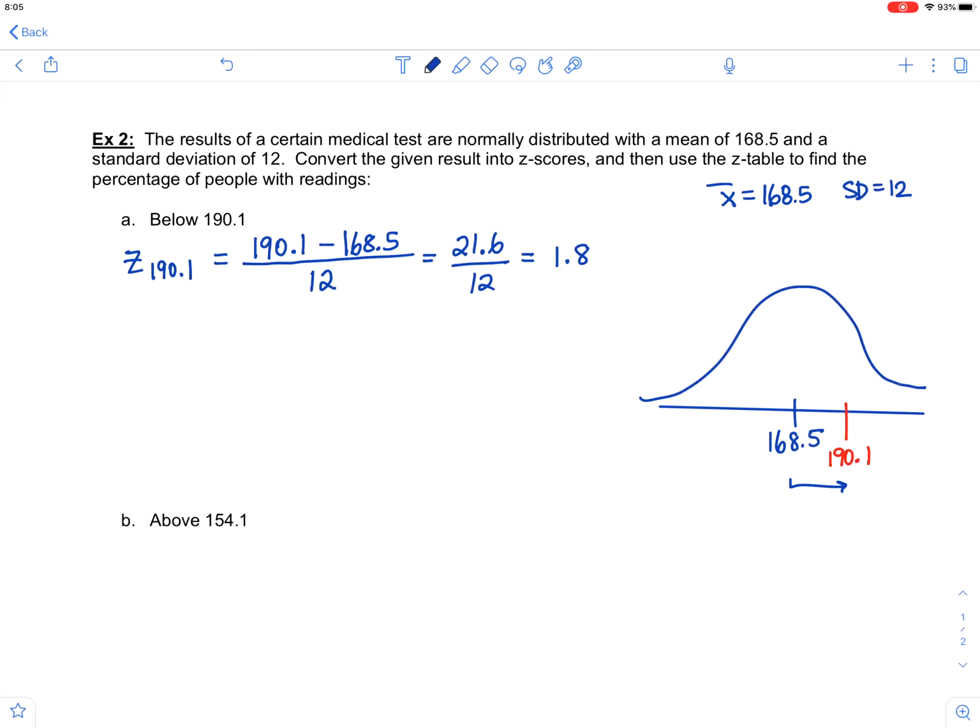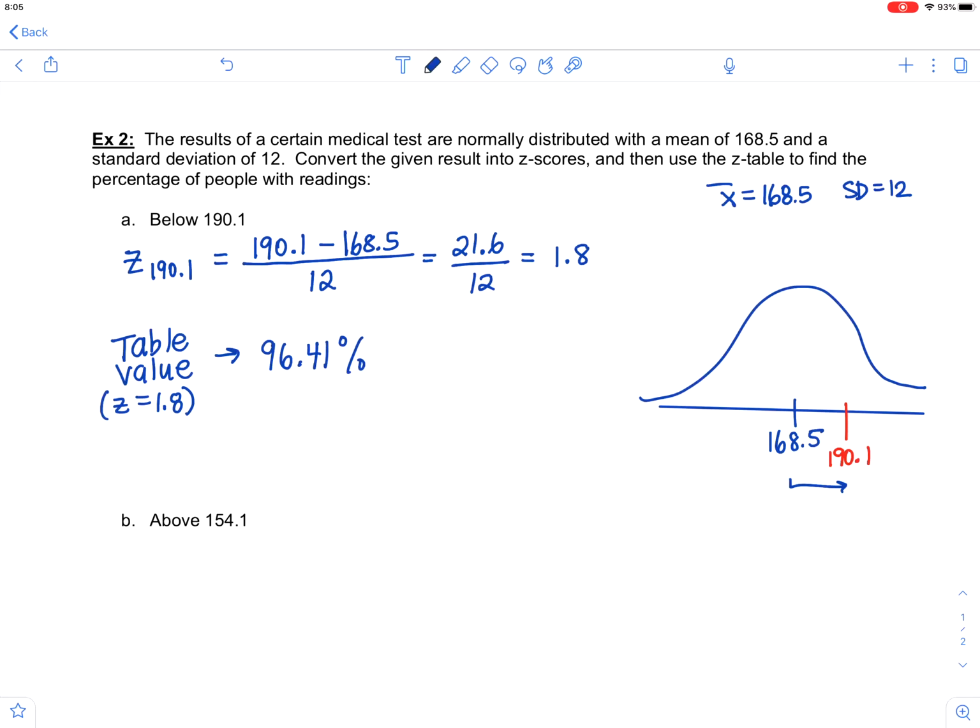So then what we do is we look at our z-table with the z-scores and percentiles. So you do need to have that table. When you look up the z-score of 1.8, you get a percentile of 96.41, and that's a percent.